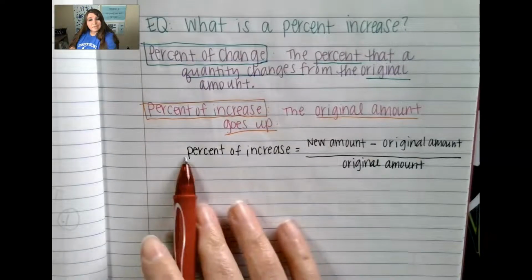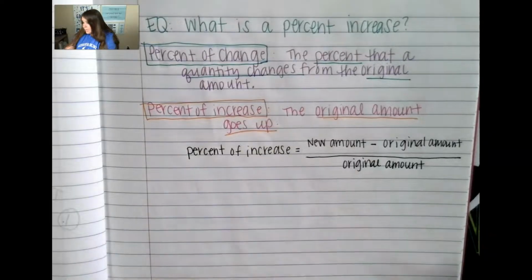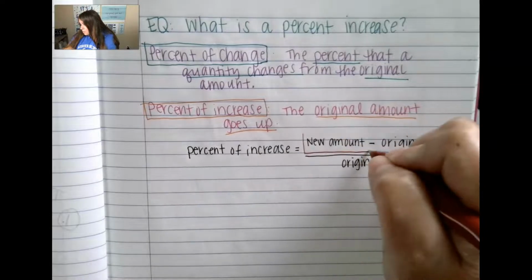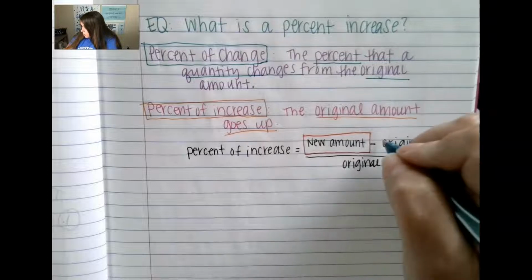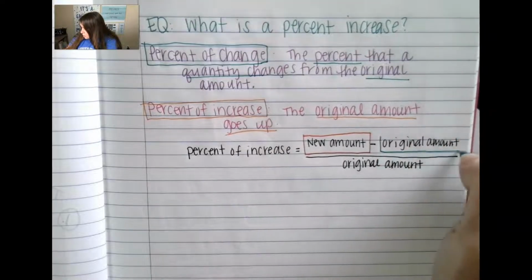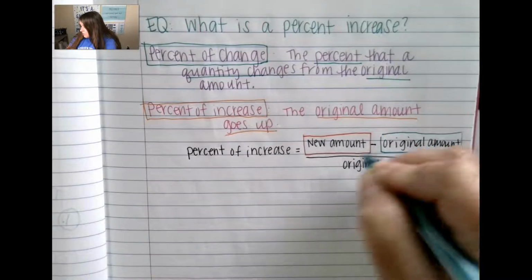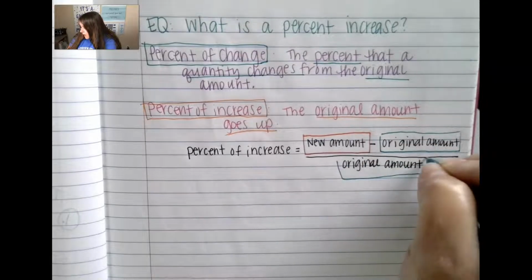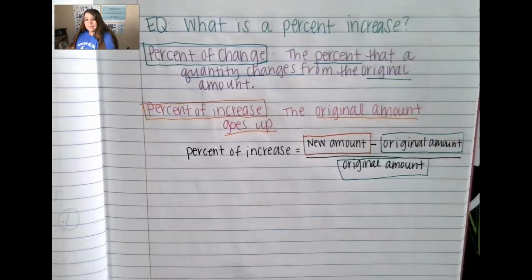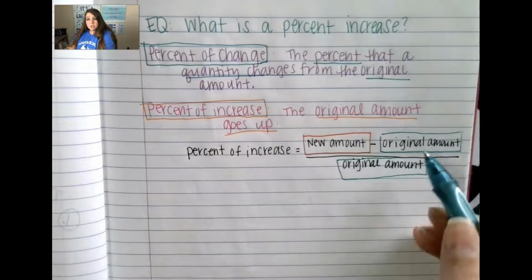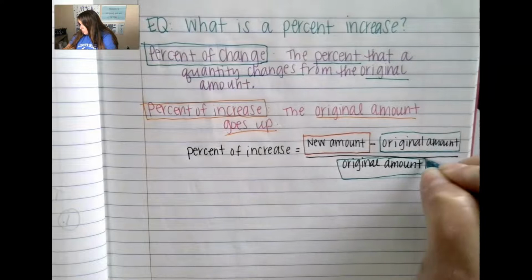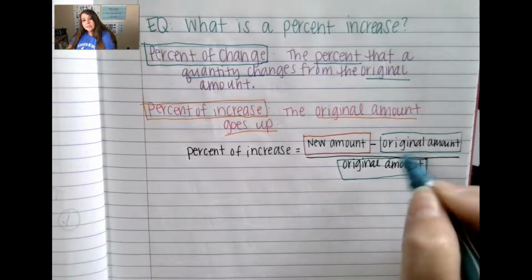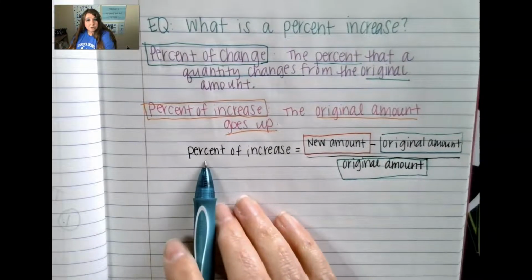The way that we're going to see how much it increased is by taking what the new amount is, and we're going to subtract the original amount from that, take that total, and then divide it by the original amount again. So you're using the original amount twice, but you're also using the new amount. When you solve over here, you're going to get the percentage over here.